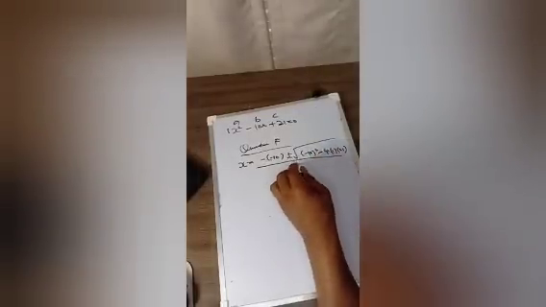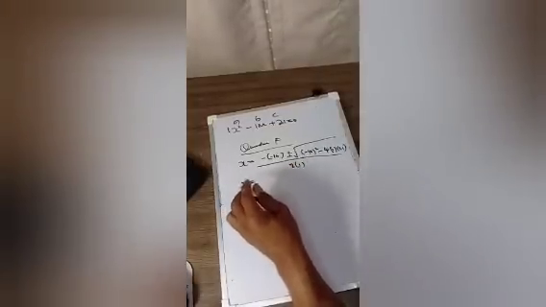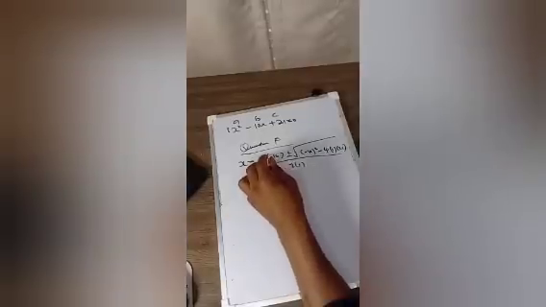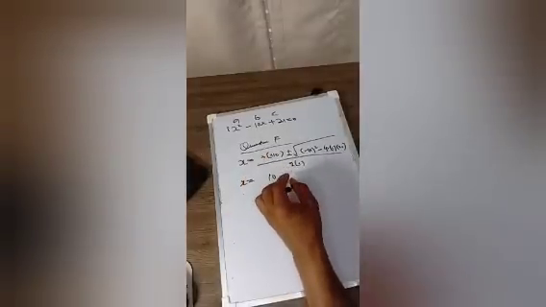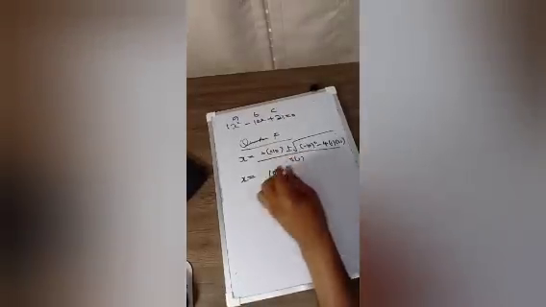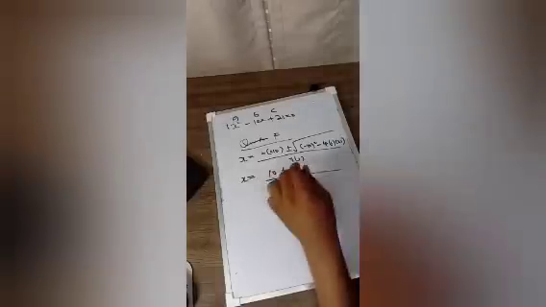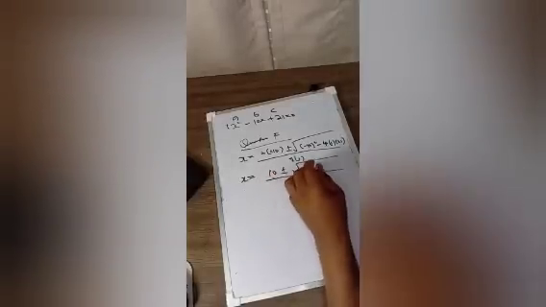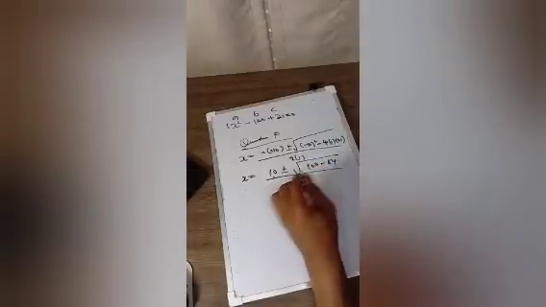So x is equal to 10 plus or minus the square root of 100 minus 84, divided by 2.